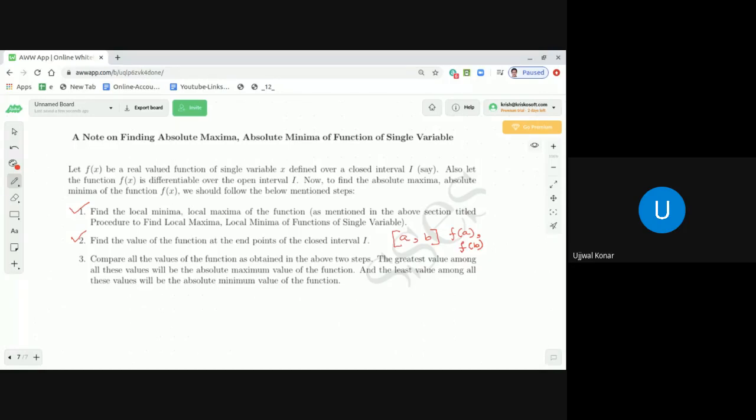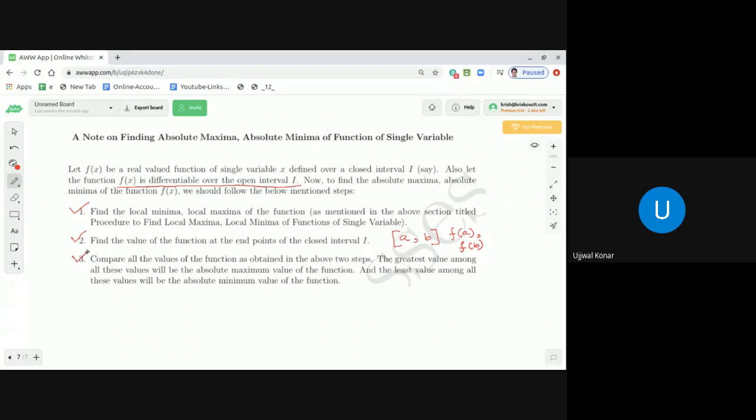Because our domain of definition says that the function f(x) is differentiable over the open interval I. That is why we are not able to find the maxima and minima at the points a and b by means of the first order derivative. So it is better to find the value of the function at the extreme points a and b. Then comes the third step.